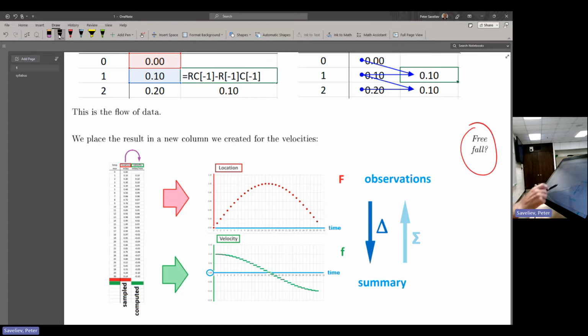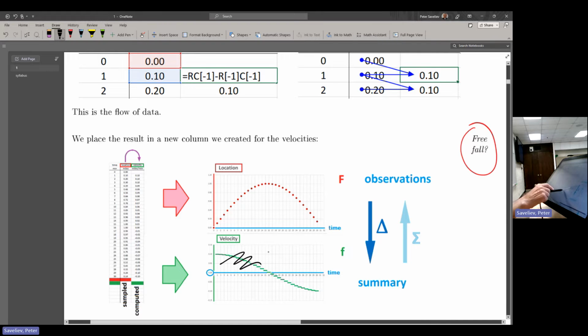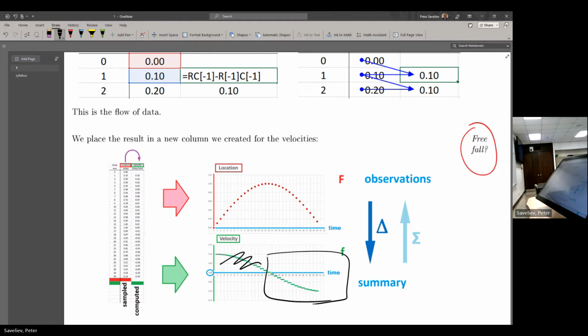So if we were to ignore this part, what would this describe? It's not a free fall because there is no acceleration, it's stopping. Can you think of a phenomenon that would describe this? Terminal velocity? That's right, terminal velocity. So free fall, but with air resistance.